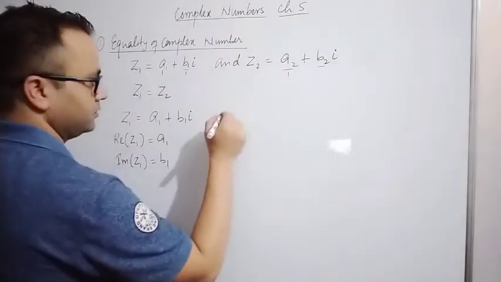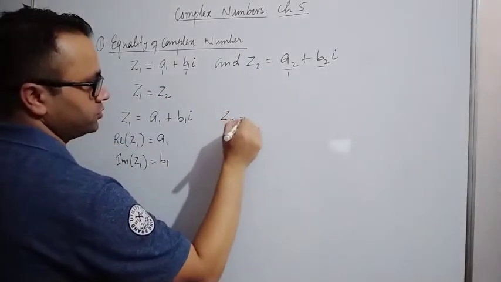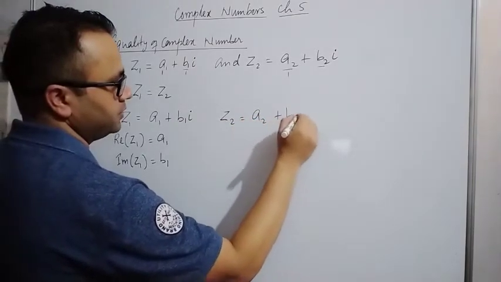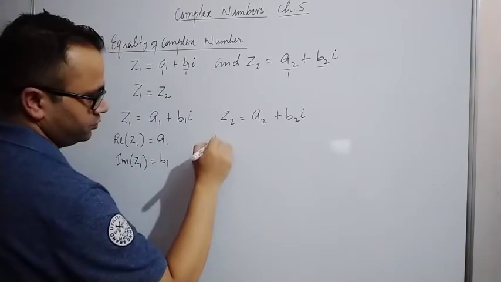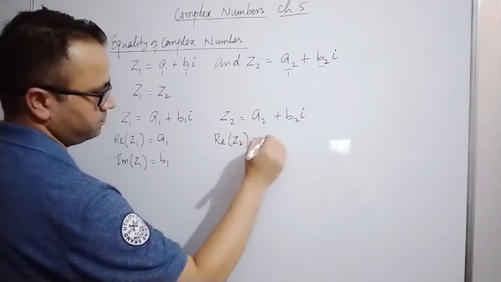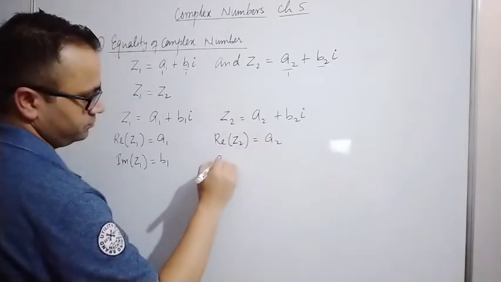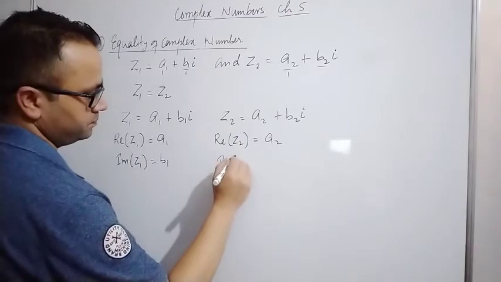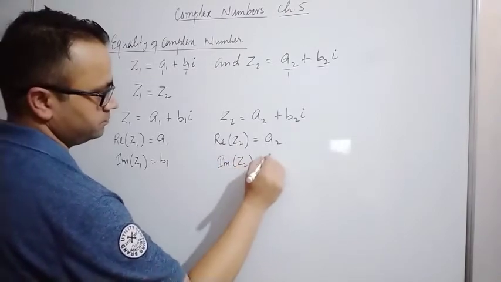Here z2 equals a2 plus b2i. So the real part of z2 is a2, and the imaginary part of z2 is b2.